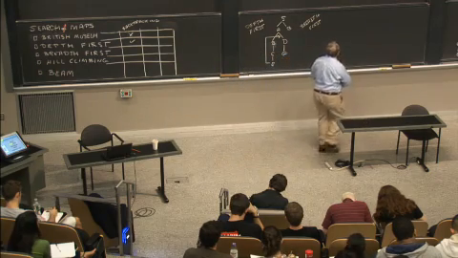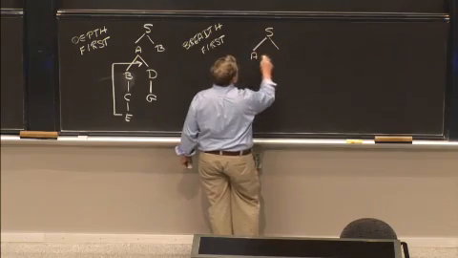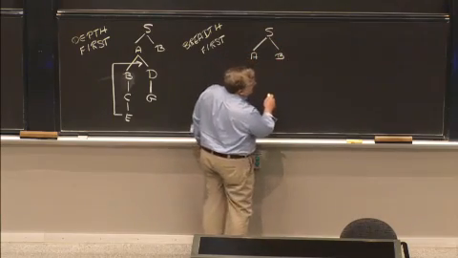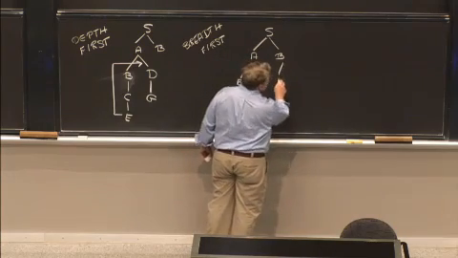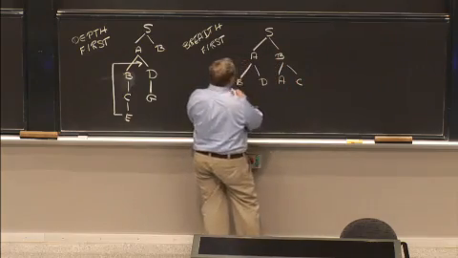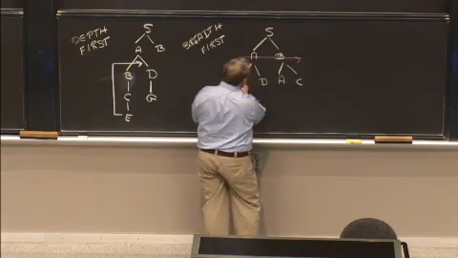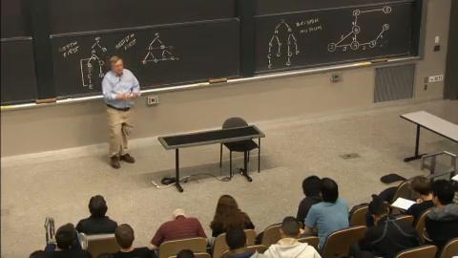So level by level, S can go to either A or B. A can go either to B or D, and B can go to either A or C. So you see what we're doing. We're going level by level. And we haven't hit a level with a goal in it yet, so we've got to keep going.